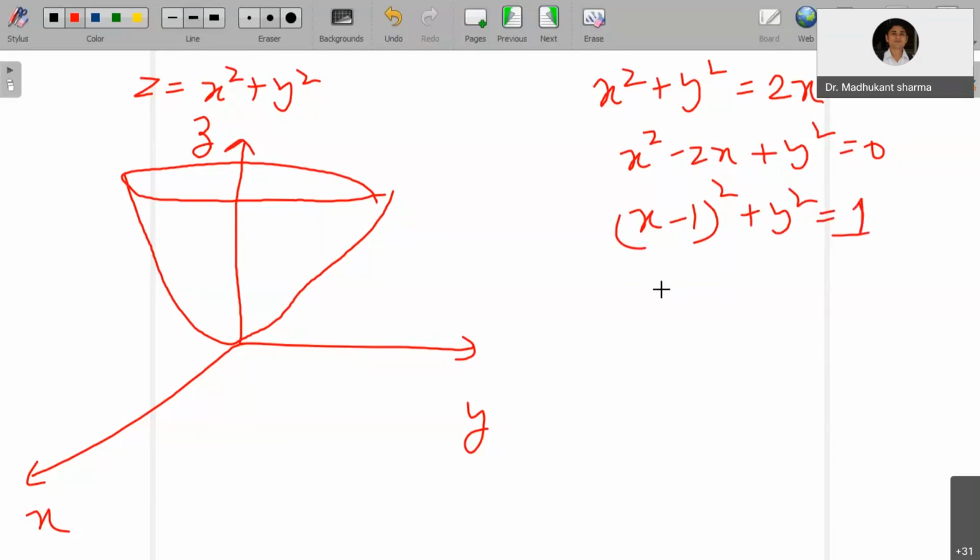Now, if you draw this cylinder, how to draw the cylinder is the very first thing. This is a circle centered at 1 comma 0 with radius 1. So you have this.